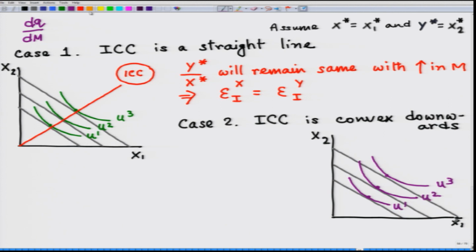So, if I join them, it is going to be like an upward sloping curve.